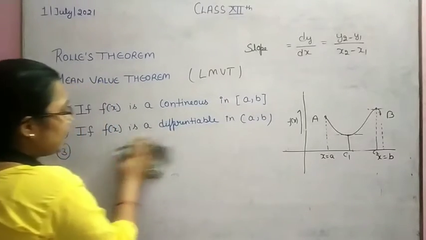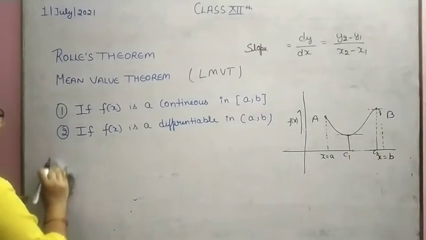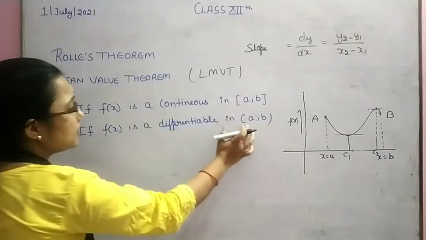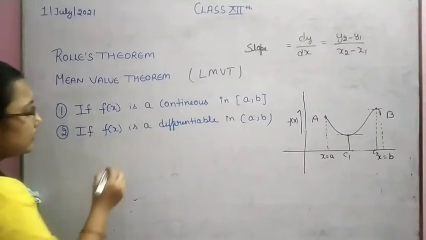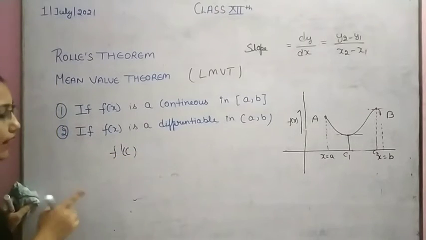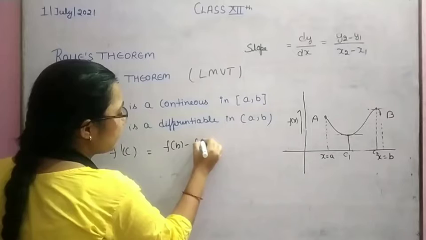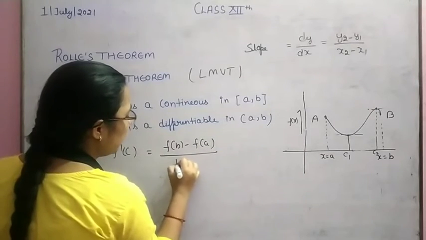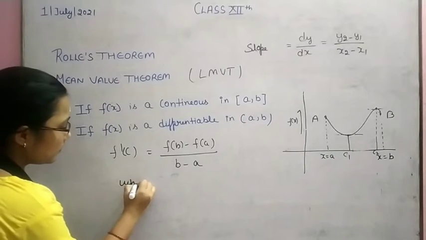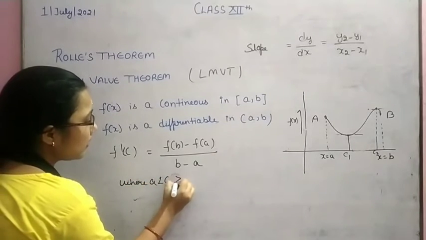So Lagrange modified that and said if the function is continuous in [a, b] and differentiable in the open interval (a, b), then there exists a point C where f'(C) is equal to (f(b) minus f(a)) over (b minus a), where C lies between a and b.